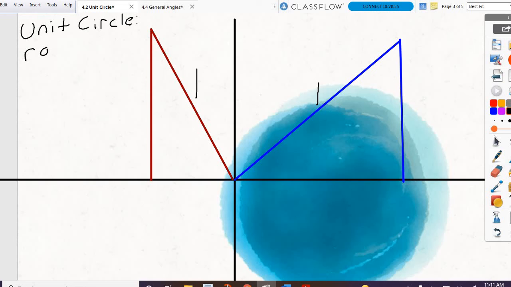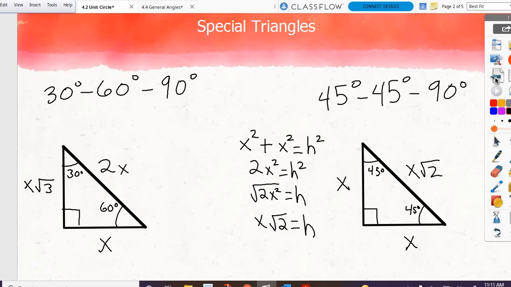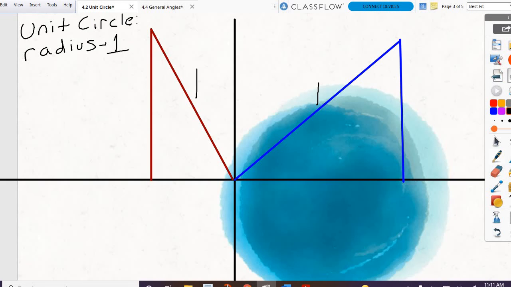We allow our radius to be 1. Because again, remember that for these formulas, these ratios have to be the same, but we can pick one of them to be whatever we want it to be.